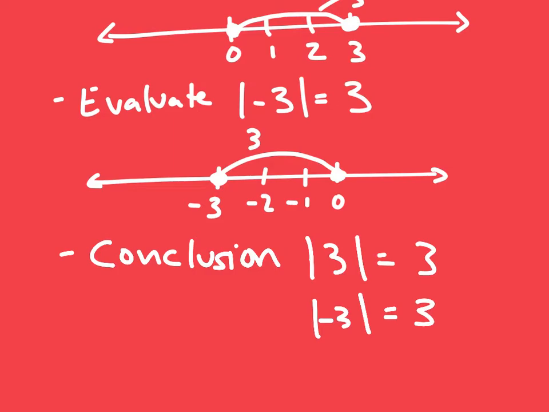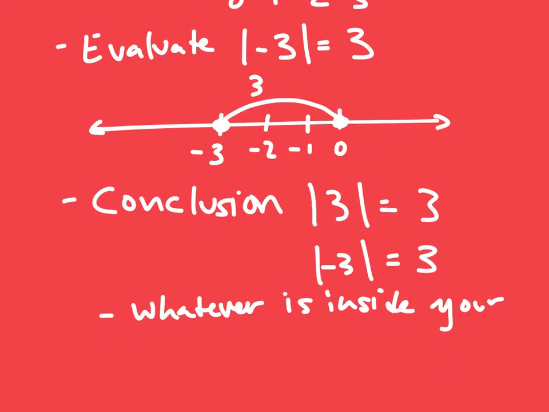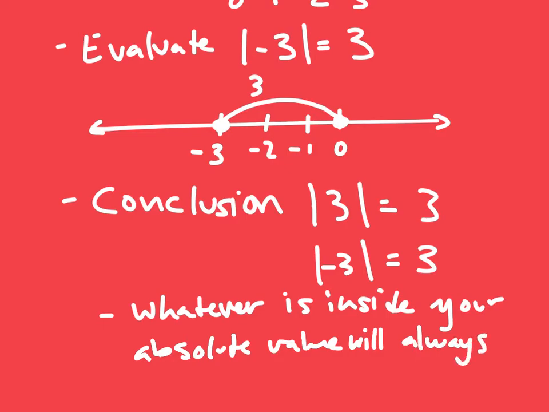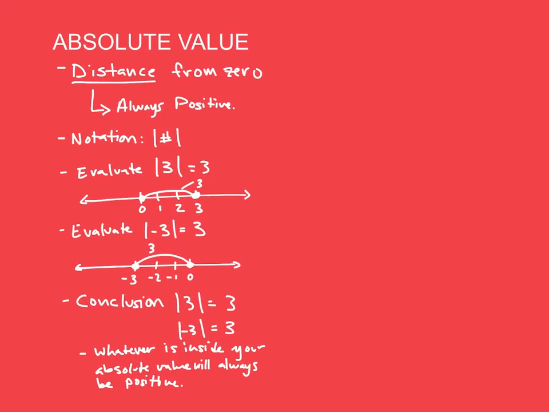So the conclusion that we can make is that whatever is inside your absolute value will always be positive. And the reason for that is because of the definition. Remember that the definition of absolute value is the distance from 0, and that distance is always positive. That's how we get that.